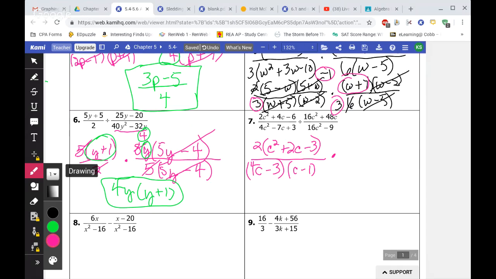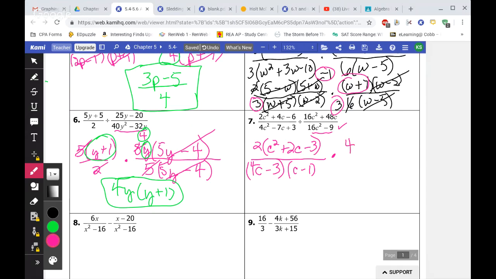So change to multiplication. And while I'm doing that, I'm going to go ahead and factor. Oh, actually, I can take a look at this. This may not be recognizable right off the bat, but this is also the difference of two squares, because that 16c squared is a perfect square and 9 is a perfect square. And we've got that minus sign in the middle. So the difference of two perfect squares.